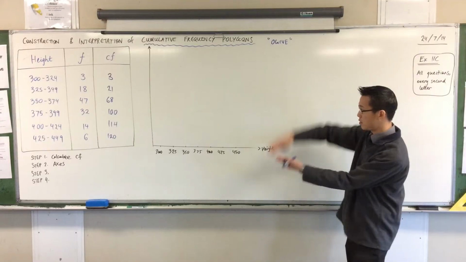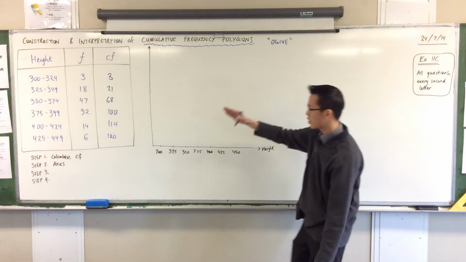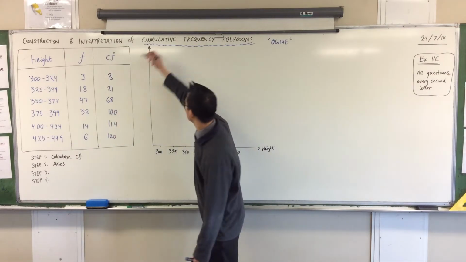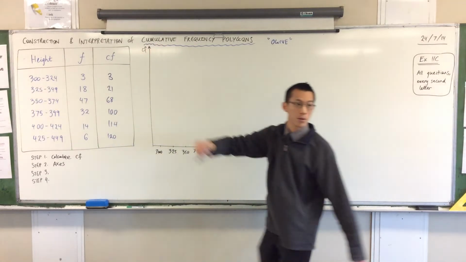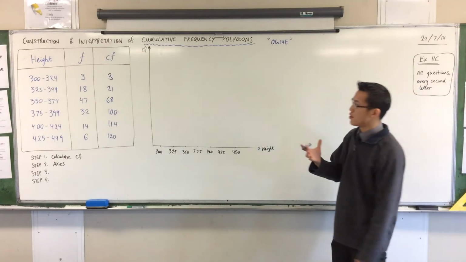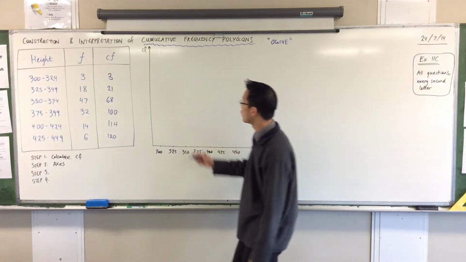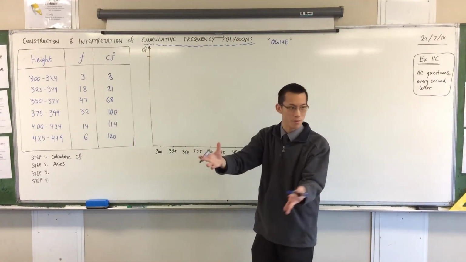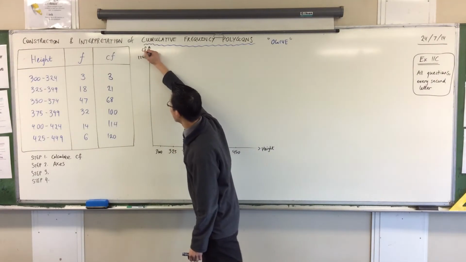Now in order to construct your vertical axis, it's going to go all the way from 0 up to your cumulative frequency. So this is our cumulative frequency axis. Everyone does this differently. You've got a ruler there. What I would probably do is say the top of your graph, some arbitrary point, I don't know how tall you've made your graph, you want to end at 120.